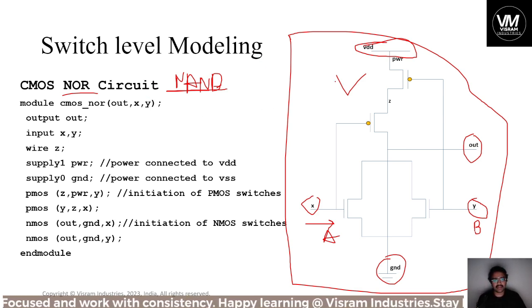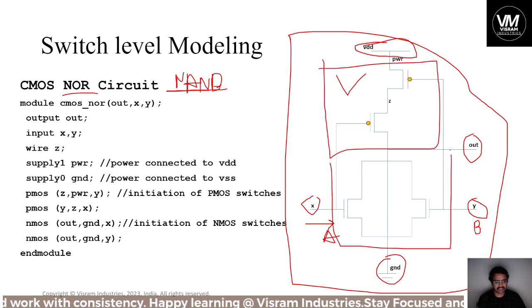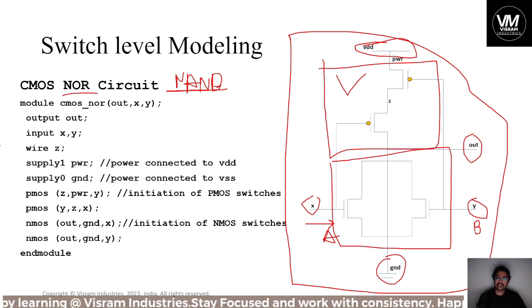The representation of NOR and NAND is nothing but the connection of PMOS and NMOS in series, with PMOS connected in an OR combination and NMOS connected with an AND operation. So you can get this done here.